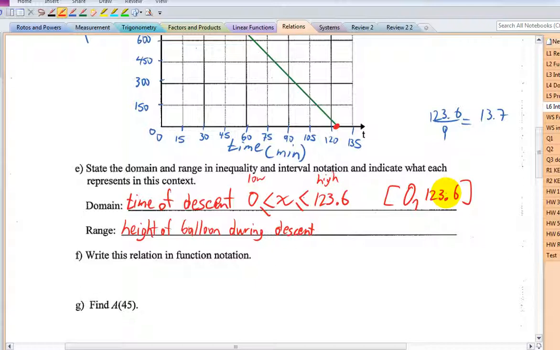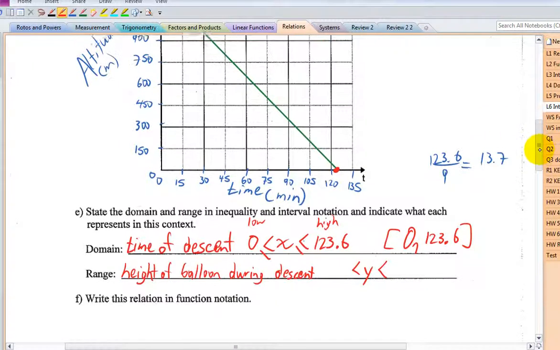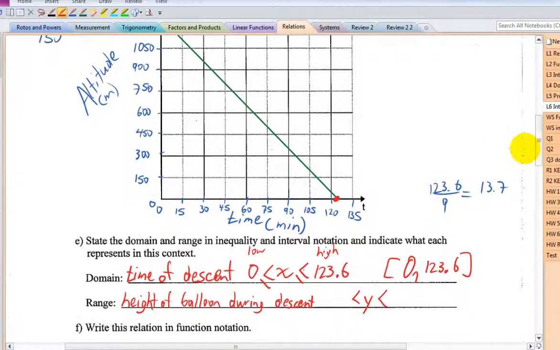Height of the balloon. Can you please do it? Interval notation. As an inequality, what's the low value for y? 0, when the balloon touches the ground. What's the high value? 1236.